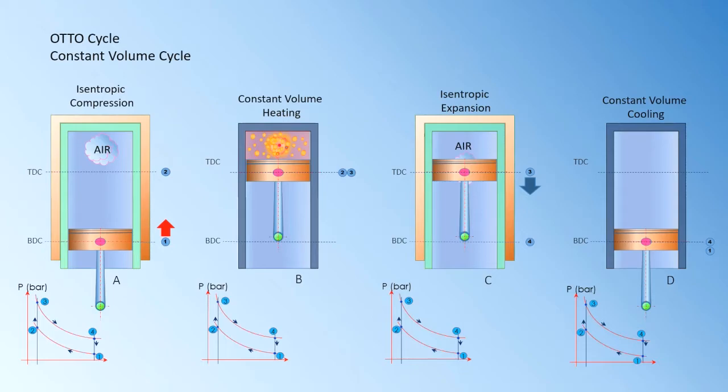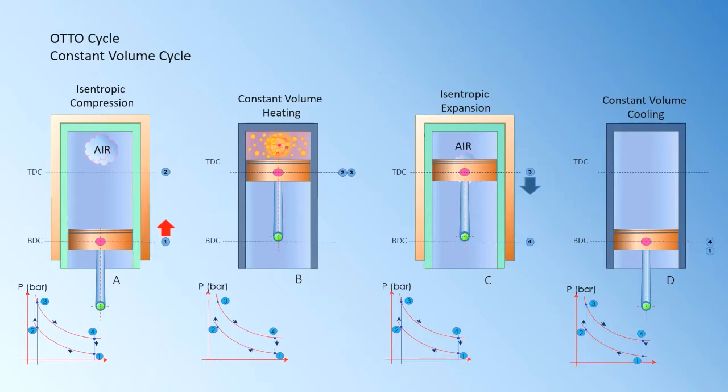So from this Otto cycle, which is the constant volume cycle, we have isentropic compression when the piston slides from the outermost position to the innermost position, that is from BDC to TDC. And at that particular instant, as it is at TDC, at its inner position, we just imagine that the piston is stationary for a very short period.